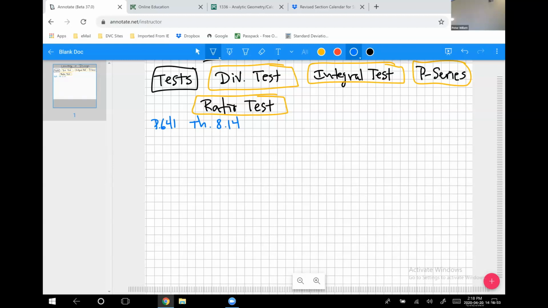So then the next one, Theorem 8.15, is the root test. So let's add that to the list of tests that we're starting to accumulate.